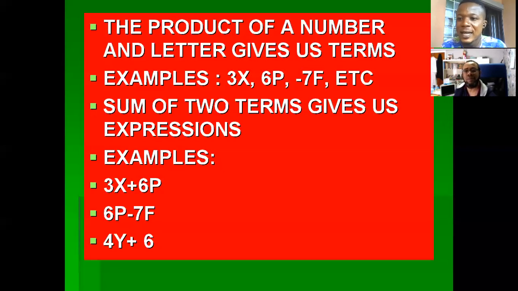So any number standing alone without a letter is assumed to have a letter raised to a power of 0, which means 1, and when 1 multiplies that number, you still get the same thing. The trick is just to know that anything that is more than a term gives us an expression. Okay, let's see these few problems before we conclude.